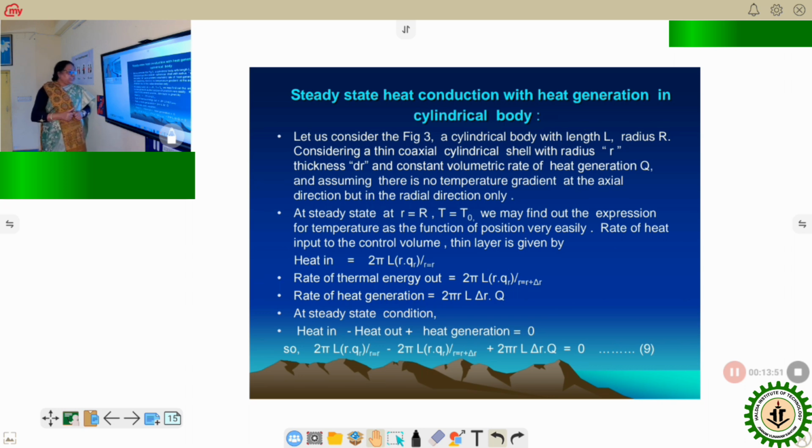And the rate of heat generation should be 2 pi L into r into delta r into Q, if the volumetric heat generation rate is capital Q. So at the steady state condition, we know that heat in minus heat out plus heat generation is equal to 0. Therefore, summing up the three terms, we get equation number 9.